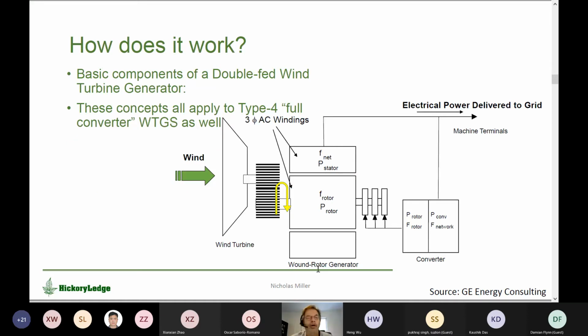This is a very old drawing. I made this drawing literally 20 years ago in the first generation of modeling documents. If you're researchers, you probably have stumbled across variations on this theme. And the wind turbine models have been evolving for 20 years.